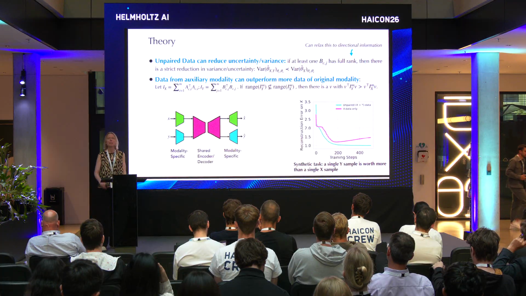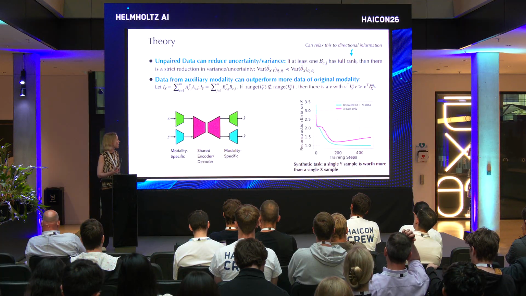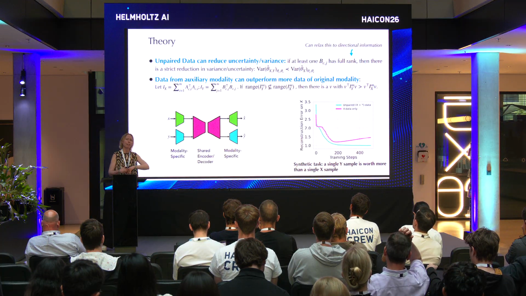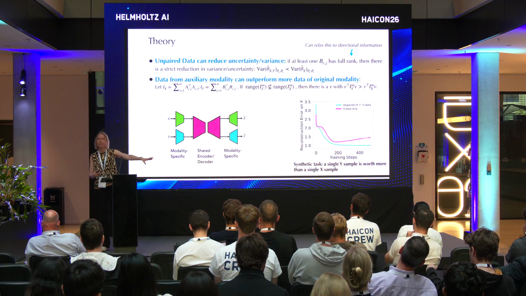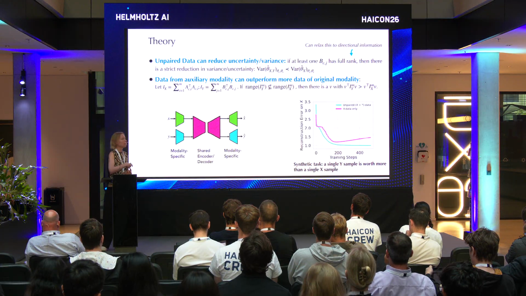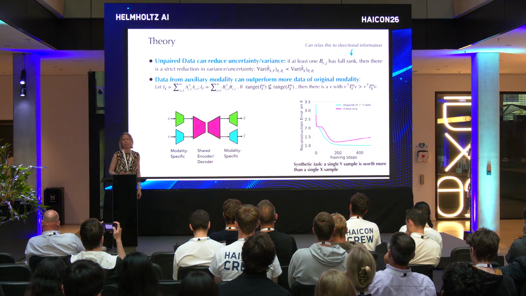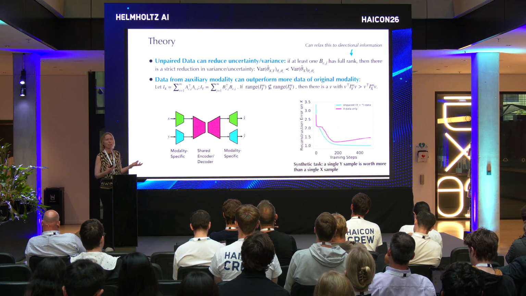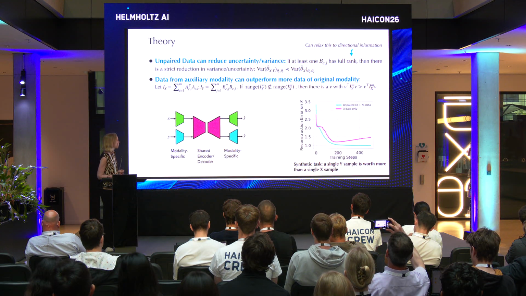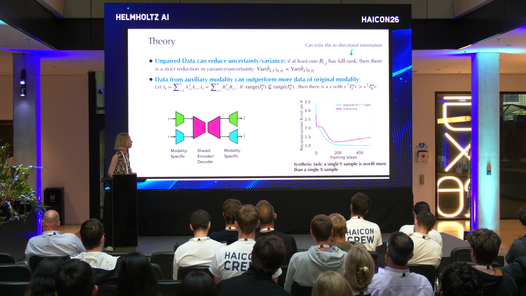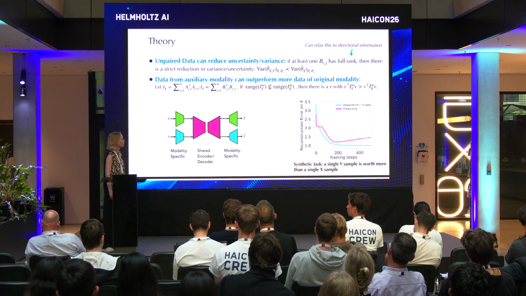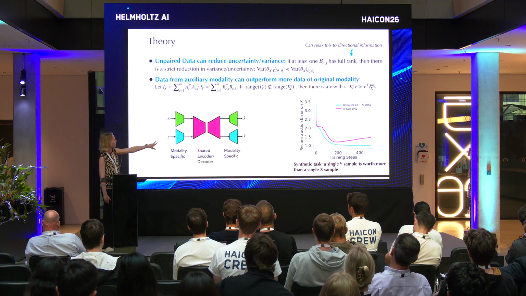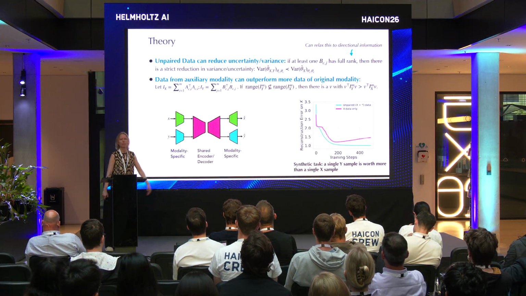So what this also means is there are cases where, instead of having more data from one modality, it can actually be helpful to have data from the other modality, because it gives you information where one modality doesn't give you that much. Here's a very simple empirical illustration, where X and Y are the different modalities.